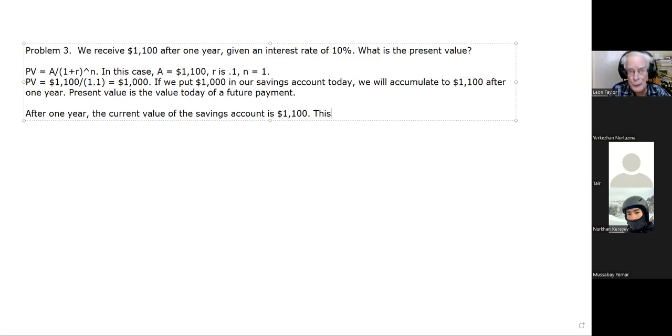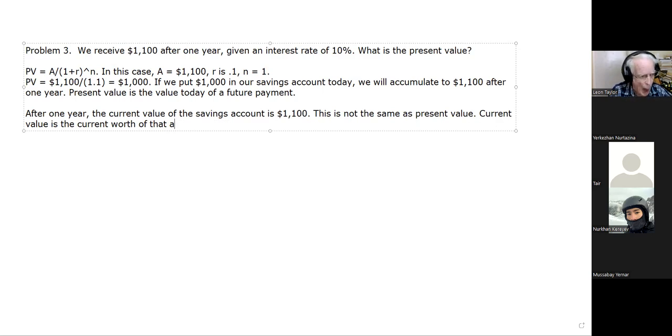This is not the same as present value. Present value is the value today of the future payment. Current value is the current worth of that account. Current in this case means the year 2023.